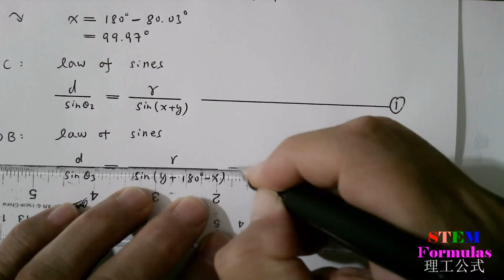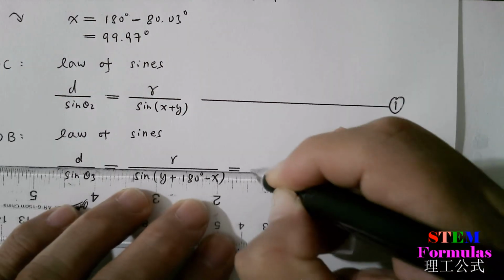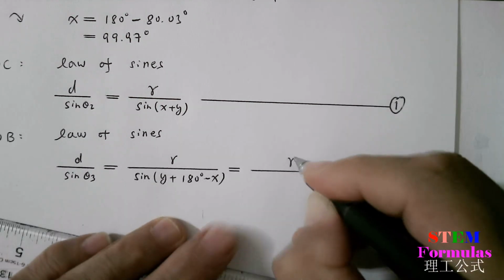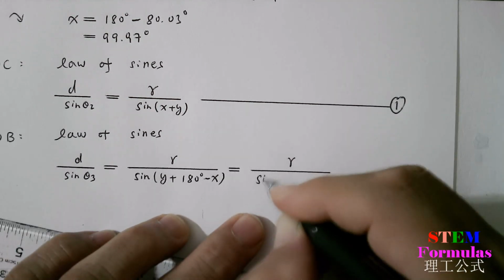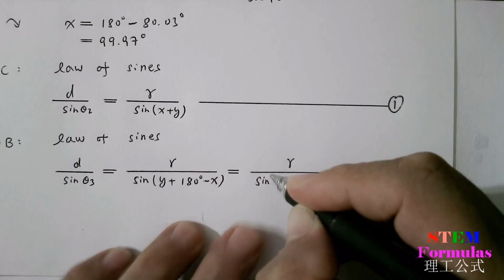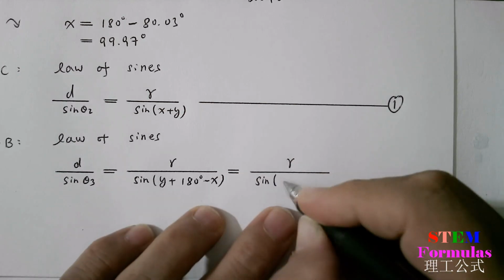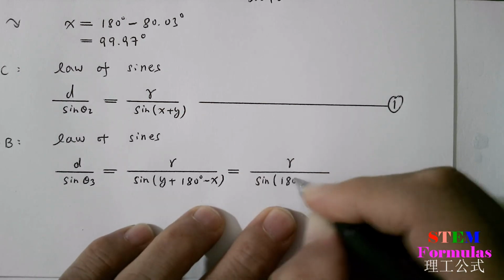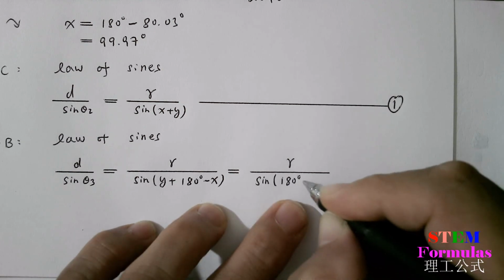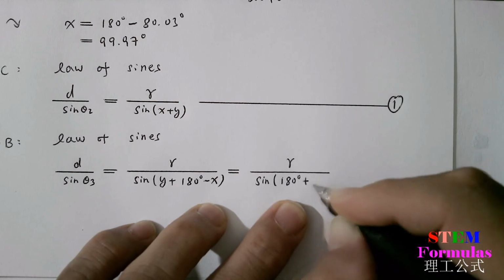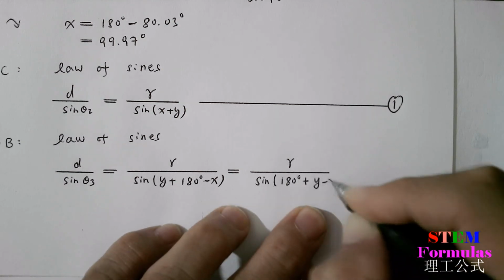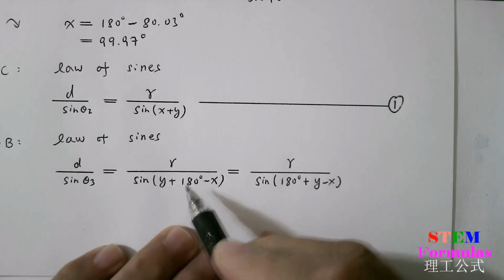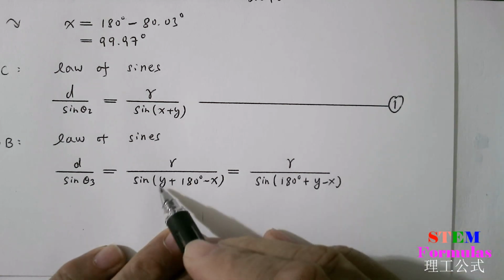Now I write this down as R divided by sine of 180 degrees plus y minus x. I move this 180 in front of y.